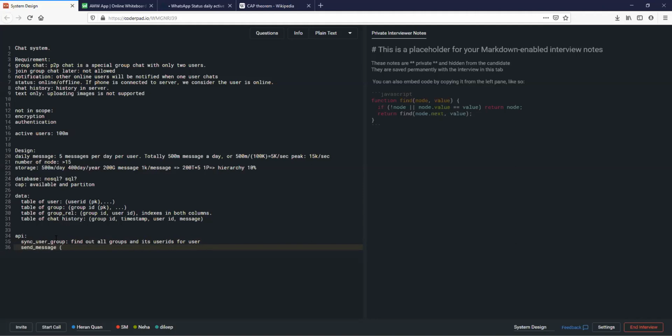I think we can have the group ID and the message. And another operation can be online, which tells the server that I'm online. So there are basically three operations.